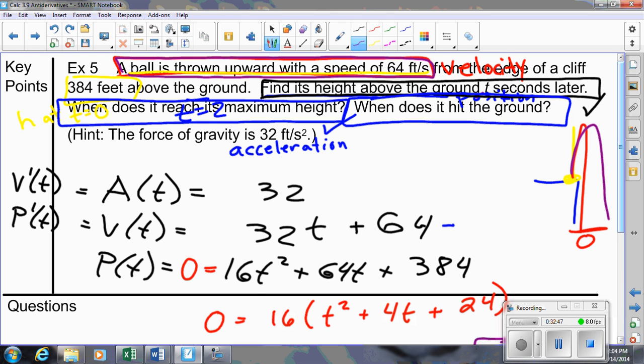If we were actually throwing it at an angle over the cliff like this, we do not have a vertical acceleration of 64. We do not have a horizontal acceleration of 64. We have this diagonal acceleration of 64.